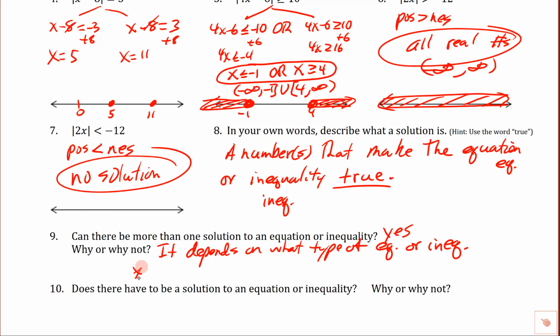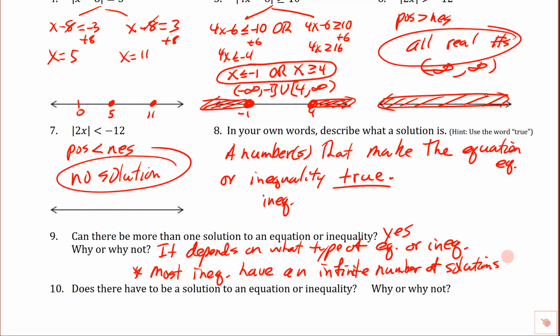Most inequalities have an infinite number of solutions. A ton of answers when we have these big long ranges, these big intervals we talk about.